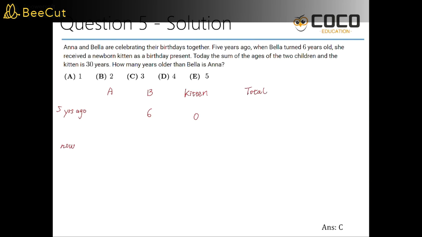So now the total is 30. The kitten is plus 5 years old. Bella is plus 5, 11 years old. Then 30 minus 11 minus 5, we can find that Anna is 14 years old. This means that 5 years ago Anna is 9. How many years older than Bella is Anna? So 14 minus 11, 3 years older. So the answer is C.